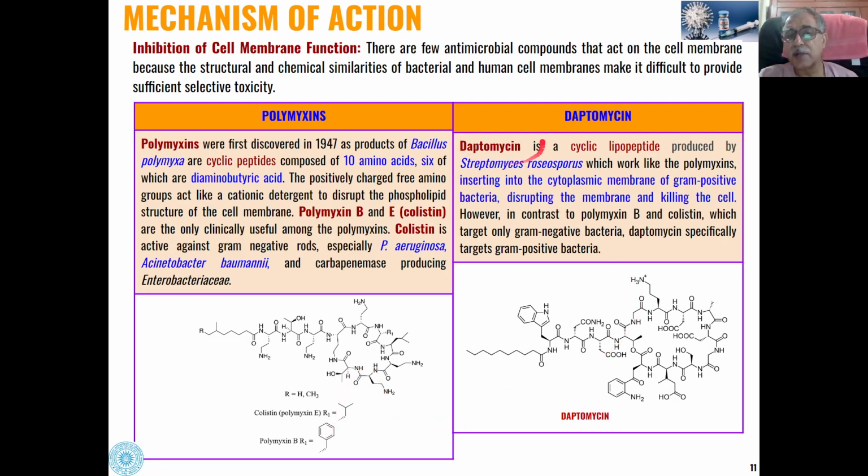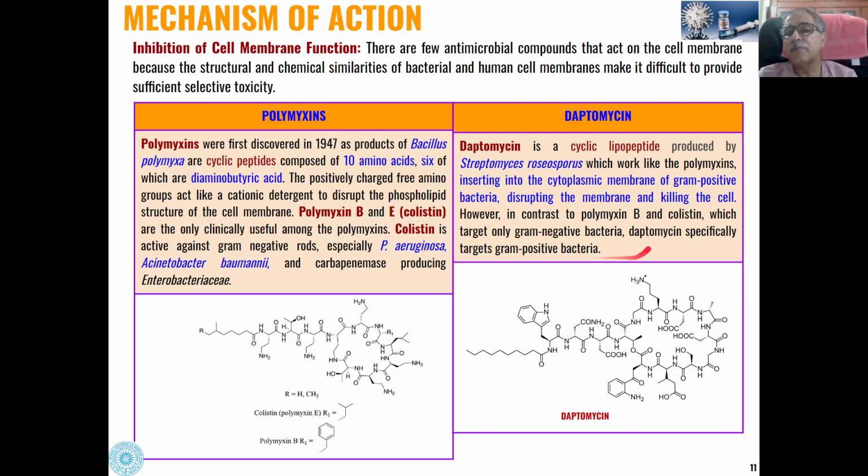The next is daptomycin. Daptomycin again is a cyclic lipopeptide. This is produced by Streptomyces species, and it also works like polymyxins, inserting into the cytoplasmic membrane of gram-positive bacteria and thereby disturbing the membrane and killing the bacterial cell.